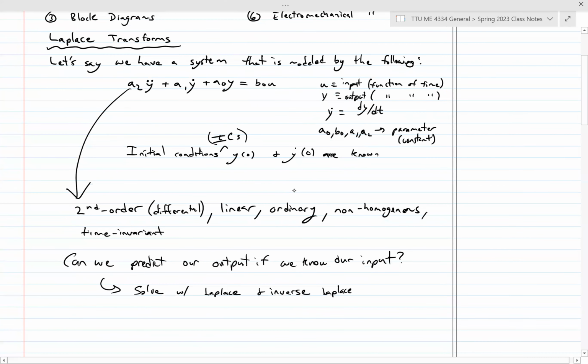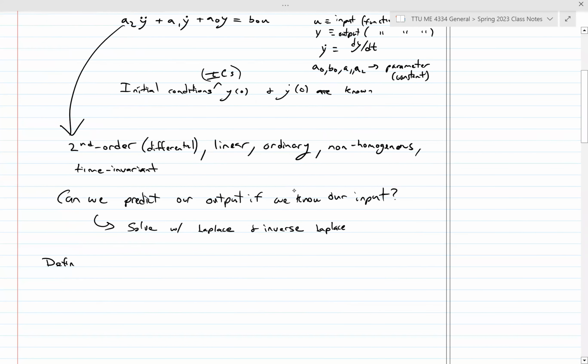All right, so the definition of our Laplace transform.